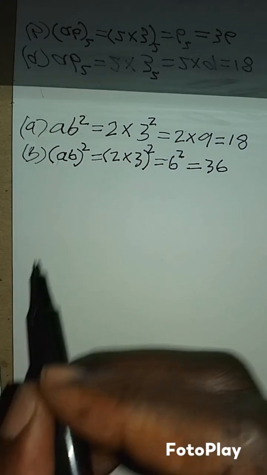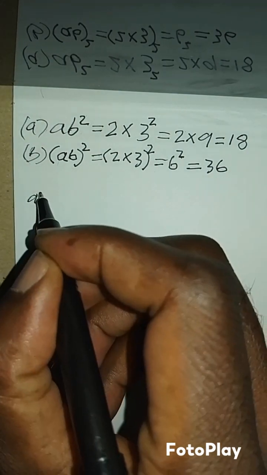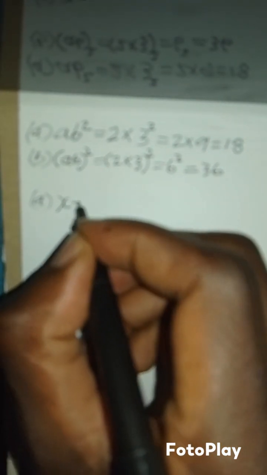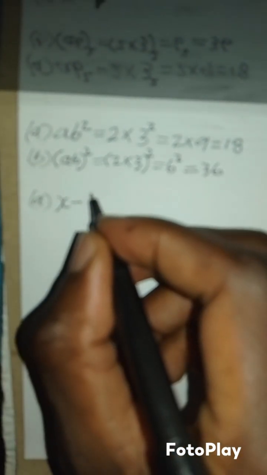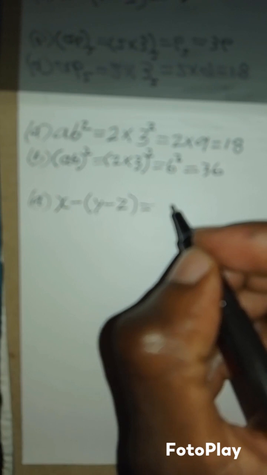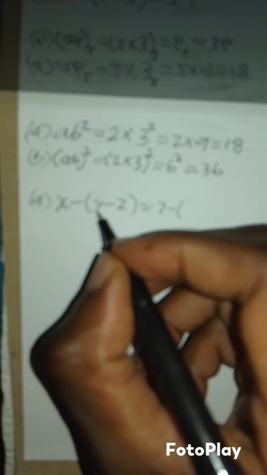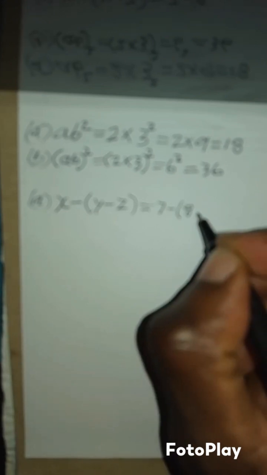Let's go to example 2. In example 2a, it was x minus open bracket y minus z close bracket. According to the instruction, x was 7, minus open bracket y, which was 8, minus z, which was 5, close the bracket.